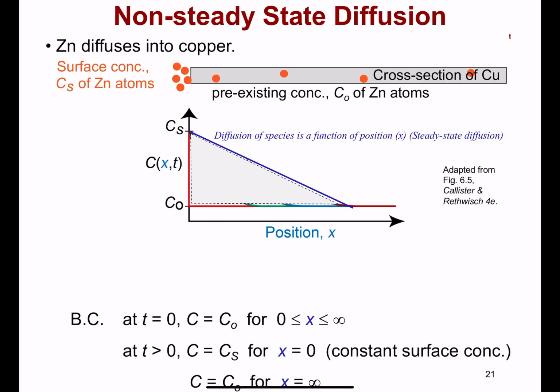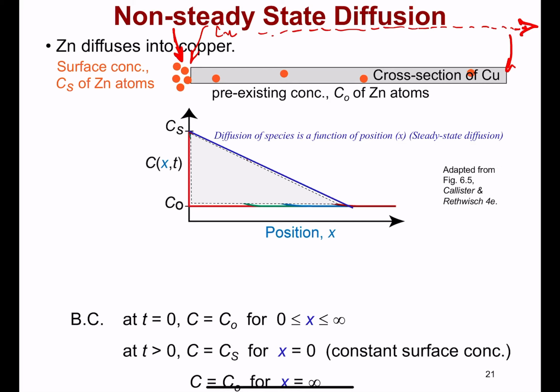Okay, so let's take a look at this, and we'll constantly remind ourselves of the zinc-copper scenario. So this bar here in gray might be the cross-section. This is therefore the top surface of the copper penny in our scenario, and this is moving deeper and deeper into the copper in cross-section a long way until we get to the bottom face of that copper penny. The orange spheres here represent our zinc layer on the top, and our gray skinny bar represents a simple skinny cross-section of that copper penny.